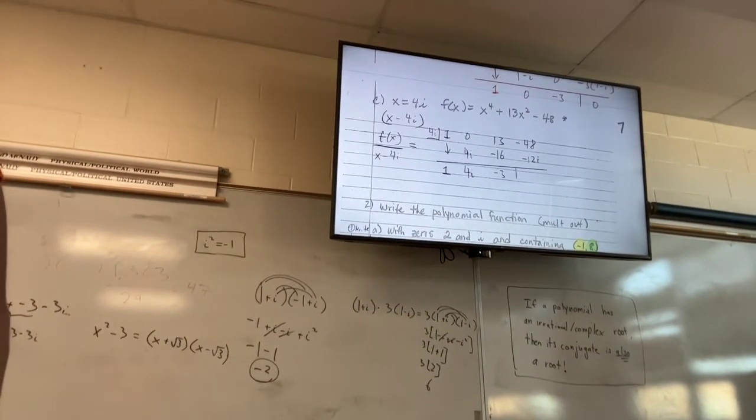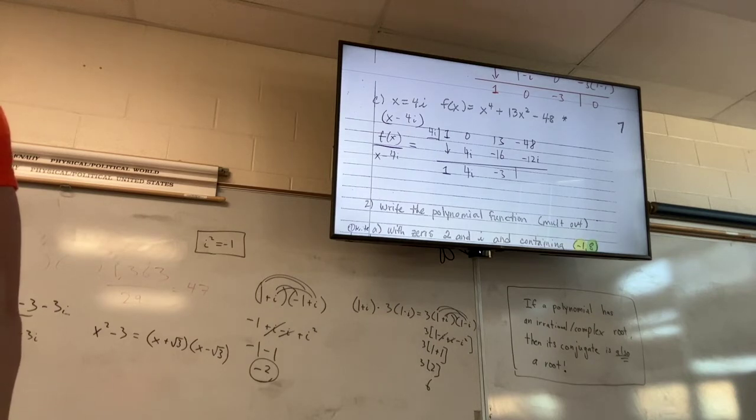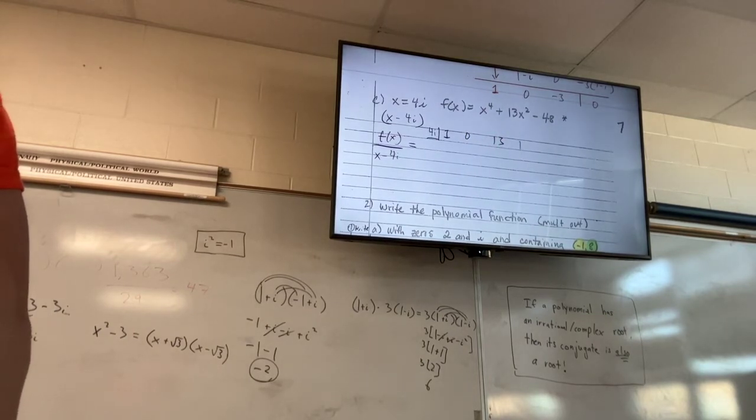Oh, you know what I forgot to do? I forgot to include the constant coefficient here. Sorry guys, get erasing. There should be a 0 here, because it's x to the 4th plus 0x cubed plus 13x squared plus 0x minus 48. So there should be an extra 0. I'm sorry, guys.